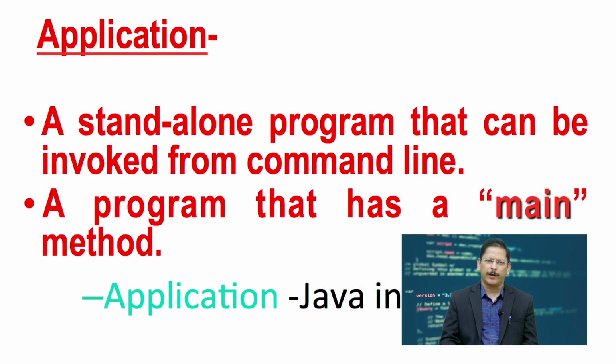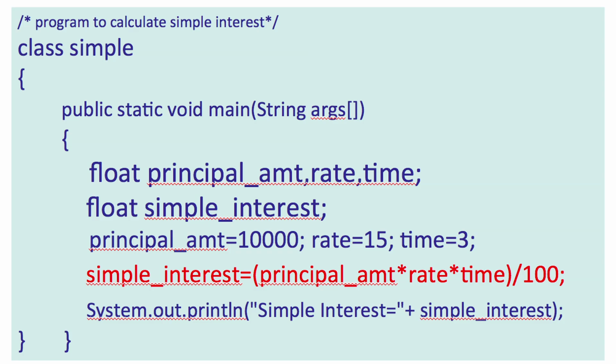The example of a Java application is this. Here we have described one class, simple, and inside this class we have public static void main String args. String args is the argument. This argument is optional, we can pass arguments as per the requirement. Now, we have three variables, principal amount, rate and time, and float simple interest is the fourth variable.